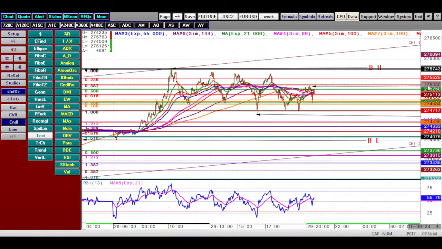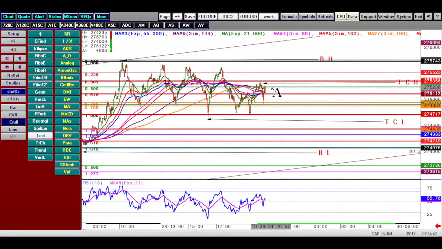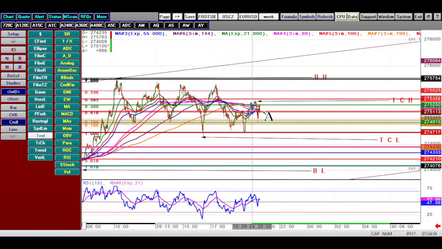Now if you see, if your 53 half breaks, then your movement should be moving up.